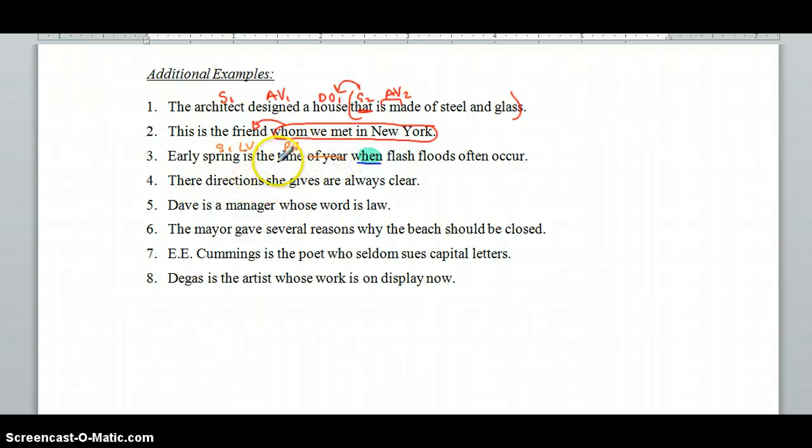Of the year is a prep phrase. When flash floods often occur, here's my action verb. What occurs? Floods occur. So when flash floods occur tells me more about year or time. I could go with either one, but both of these are nouns, so this is still an adjective.